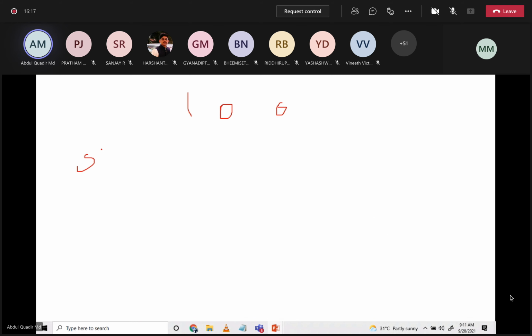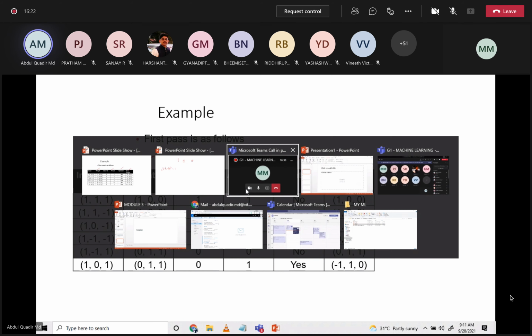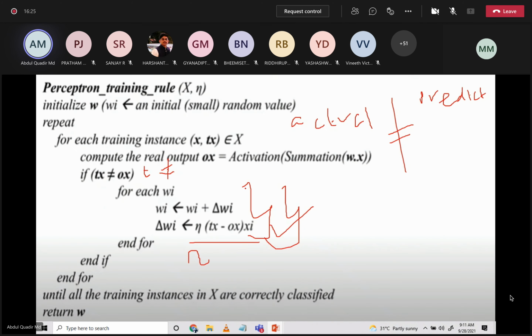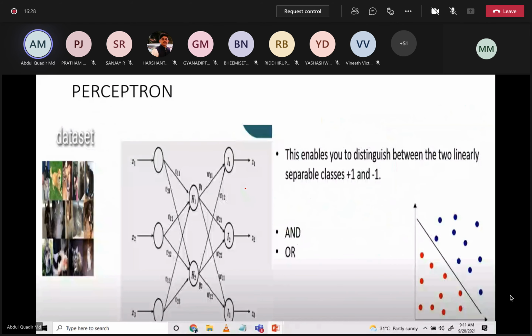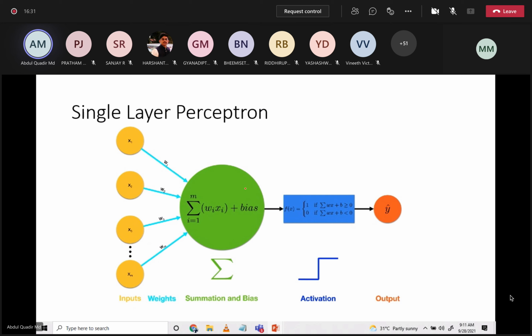What is step number one? This is how the perceptron training rule works. Can you see? Here the bias is not given, so we'll keep the bias as 0. It is the summation of the inputs times weights; you have been given x1, x2, x3, 3 inputs, and the weights are given.